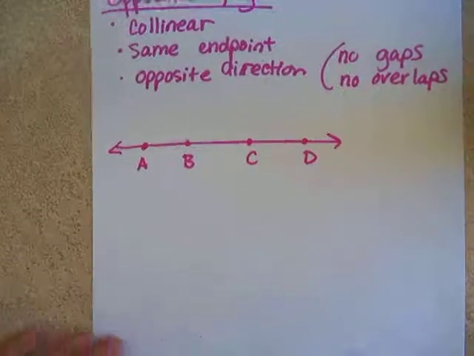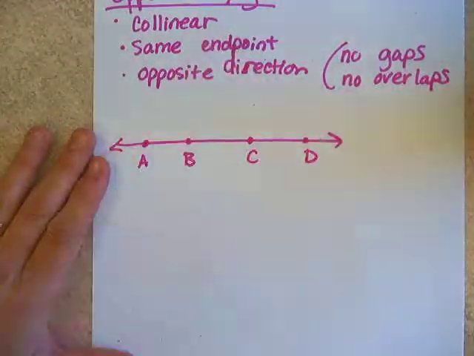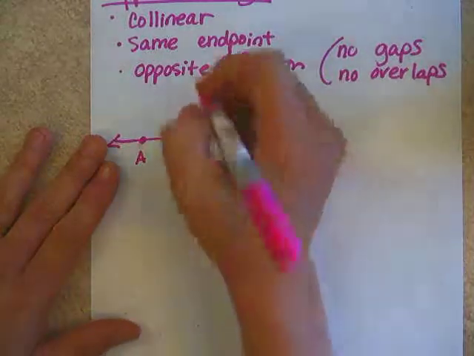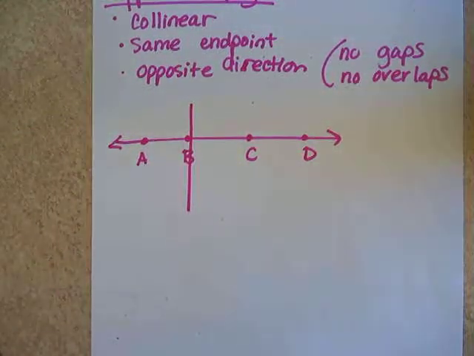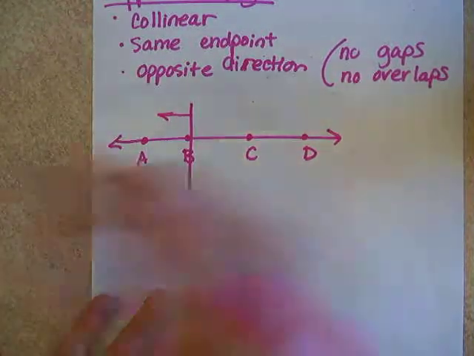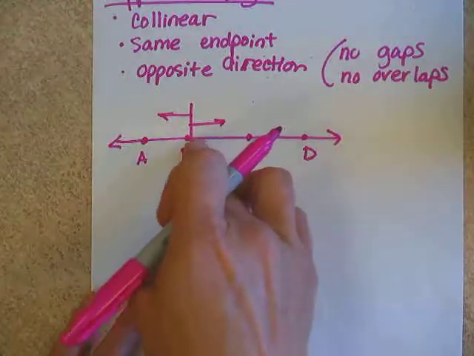In a picture, the easiest way to name them is this. If I asked you from this picture to give me two rays that are opposite rays, a visual that you could use is to pick an endpoint where you can name opposite rays. For instance, I could use B, put a line through it.